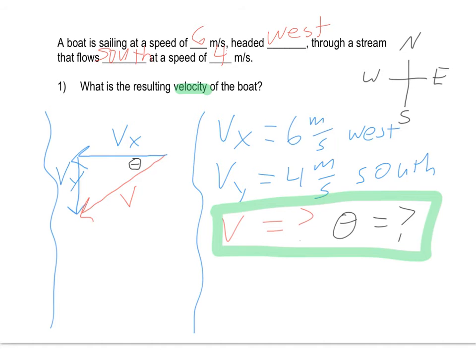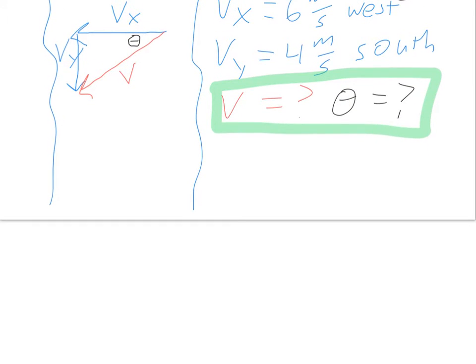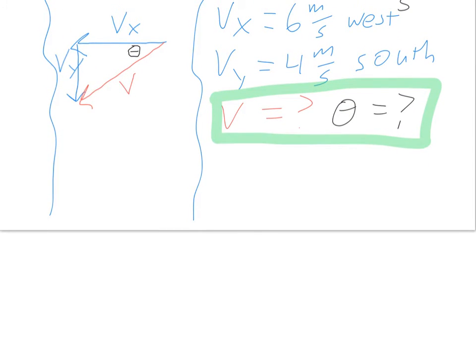Okay, so now we're ready to solve. Let's start with the magnitude of the velocity, or the speed. To get that, we're going to apply the Pythagorean theorem to find the hypotenuse of this Vx, Vy, and V triangle. So V is equal to the square root of Vx squared plus Vy squared.